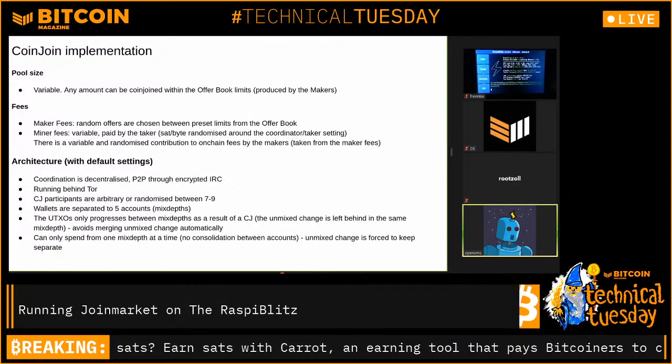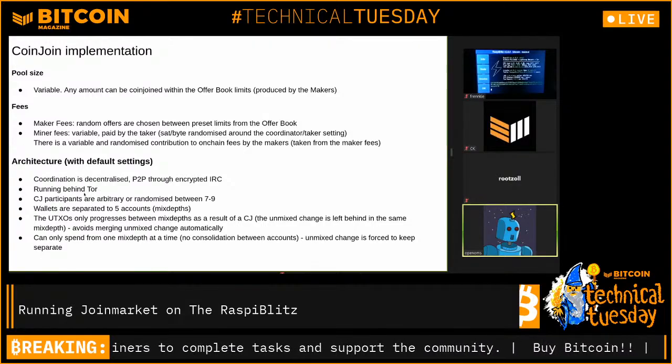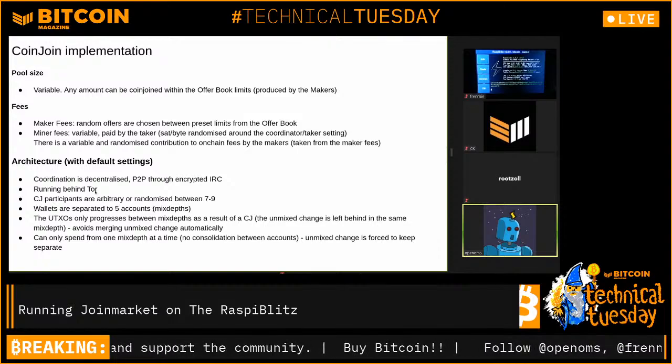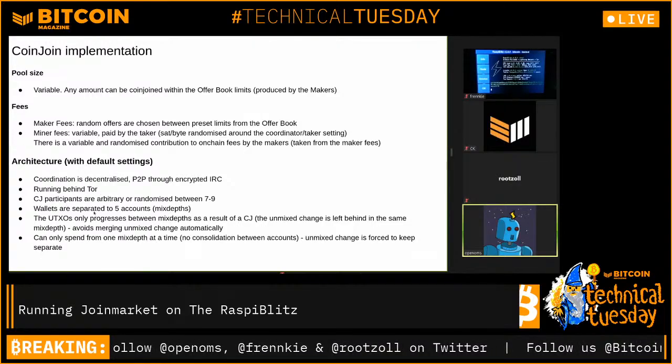All it can do is maybe censor some offers, but that's why we have multiple servers up, which are unrelated to each other. The way it is installed on Raspiblitz, it can only be run behind Tor completely. I mean, it would be possible to run it on ClearNet, but there would be no point of that.